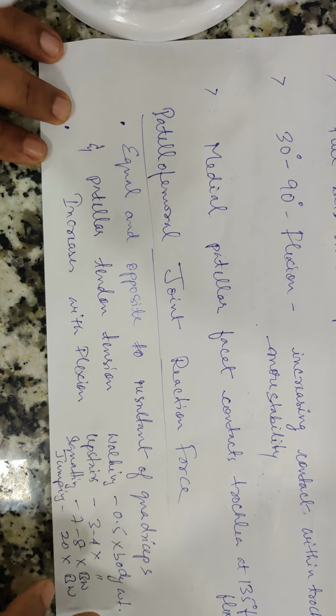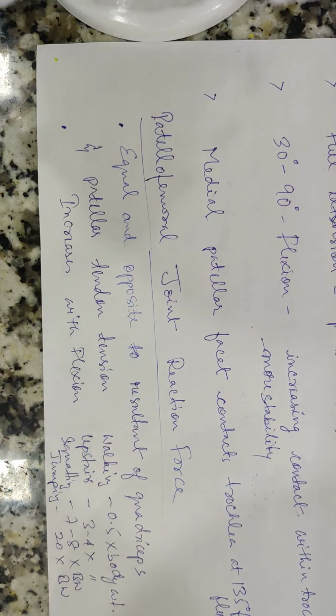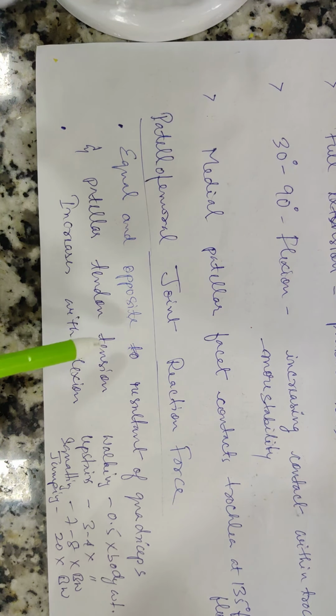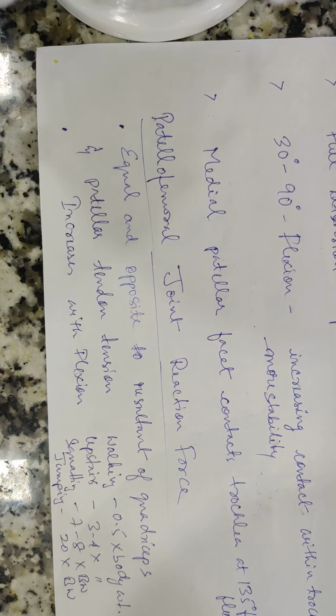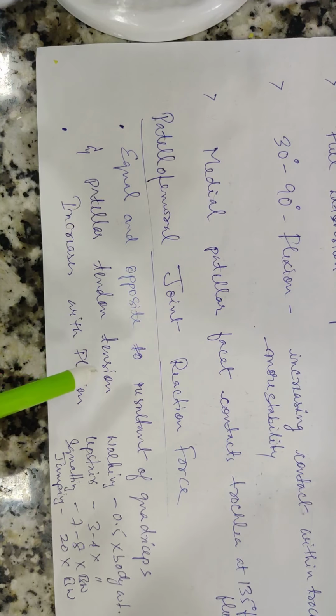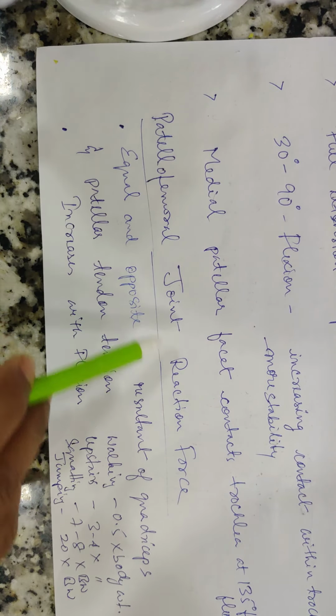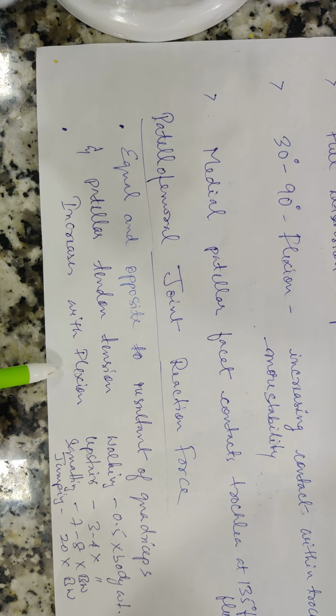Also, there is the patellofemoral joint reaction force, which is there because there is an equal and opposite reaction to the resultant of quadriceps and patellar tendon tension. This force increases with flexion.